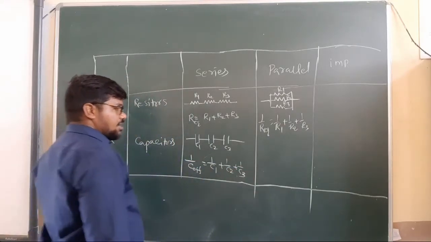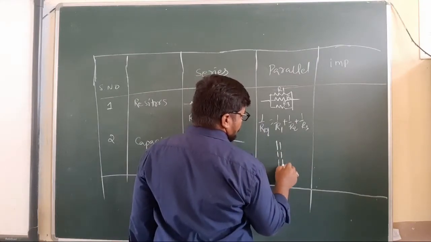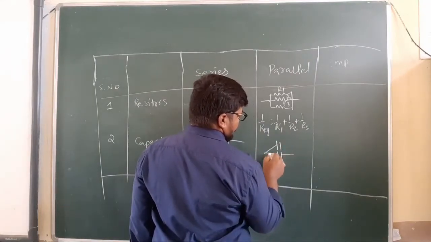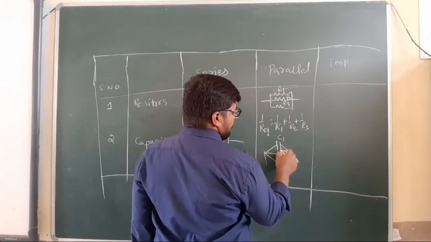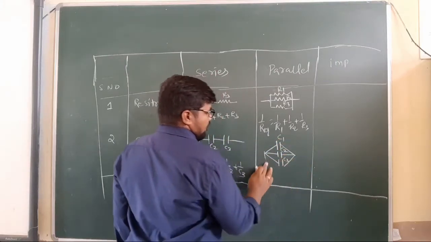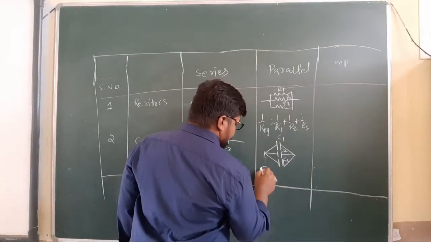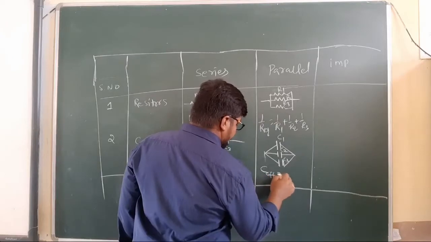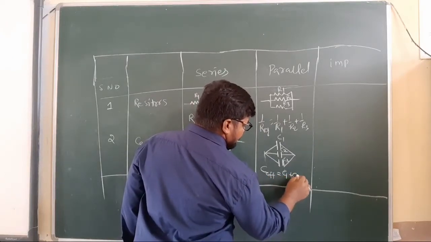Okay. Then the parallel combination, C1, C2, C3. What is the parallel combination expression, my children? C effective or C equivalent is equal to C1 plus C2 plus C3.